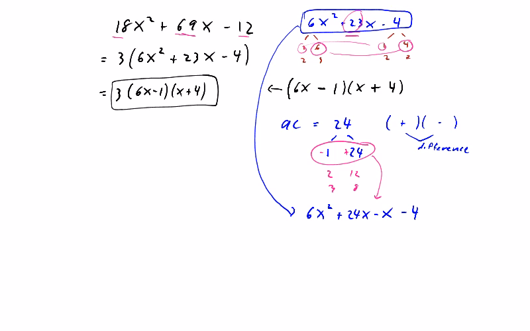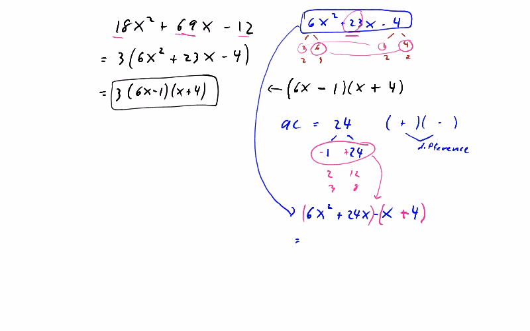Now that we've done that, we can group the first two terms and group the last two terms. Now be careful, if I put parentheses here, I change my minus to a plus because we have a negative sign which will be distributed.